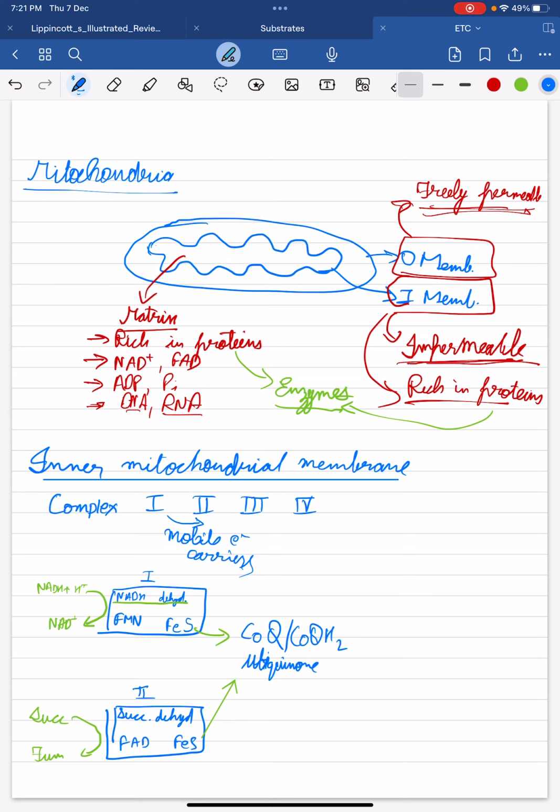But one difference to notice is that in complex 1, while the electrons are transferring from higher energy to lower energy, there is a transfer of 4 hydrogen atoms, 4 hydrogen ions or protons, from the matrix into the intermembrane space.